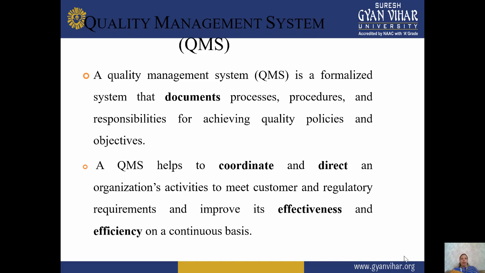QMS stands for Quality Management System. A Quality Management System is a formalized system that documents processes, procedures, and responsibilities for achieving quality policies and objectives. A QMS helps to coordinate and direct an organization's activities to meet customer and regulatory requirements and improve its effectiveness as well as efficacy on a continuous basis.